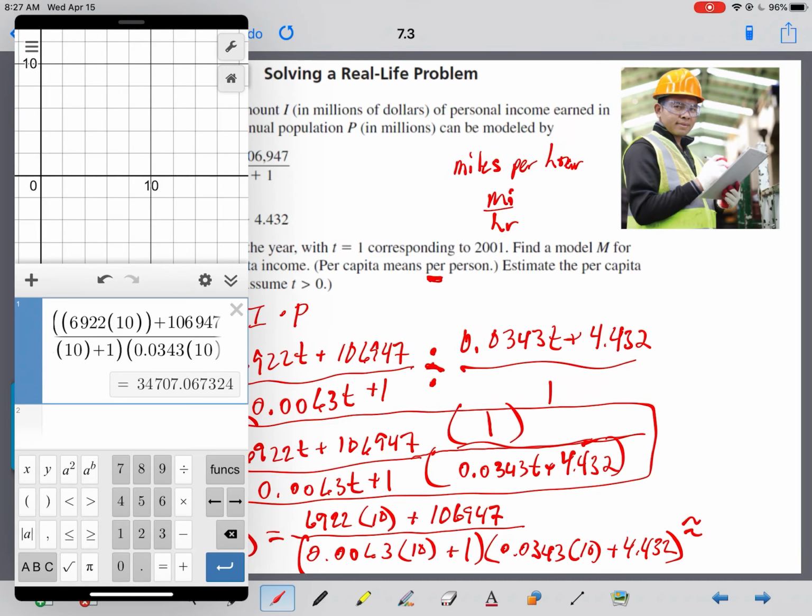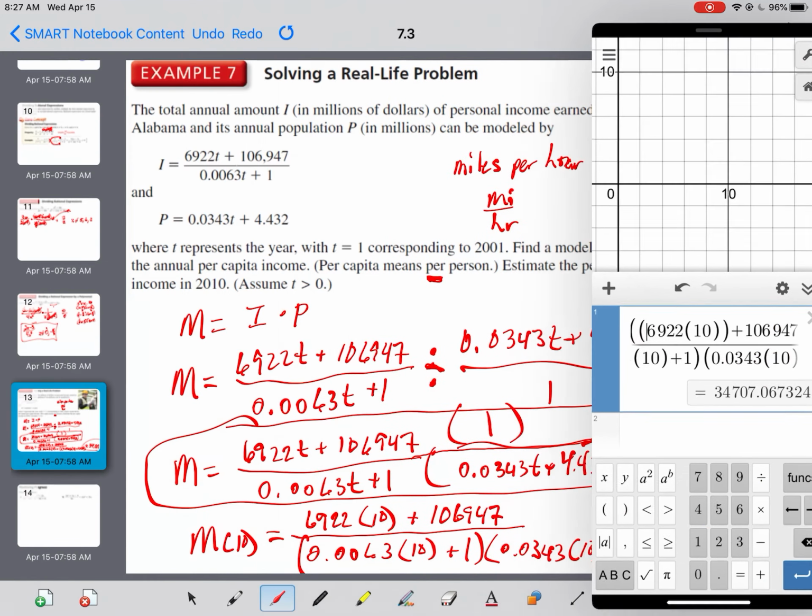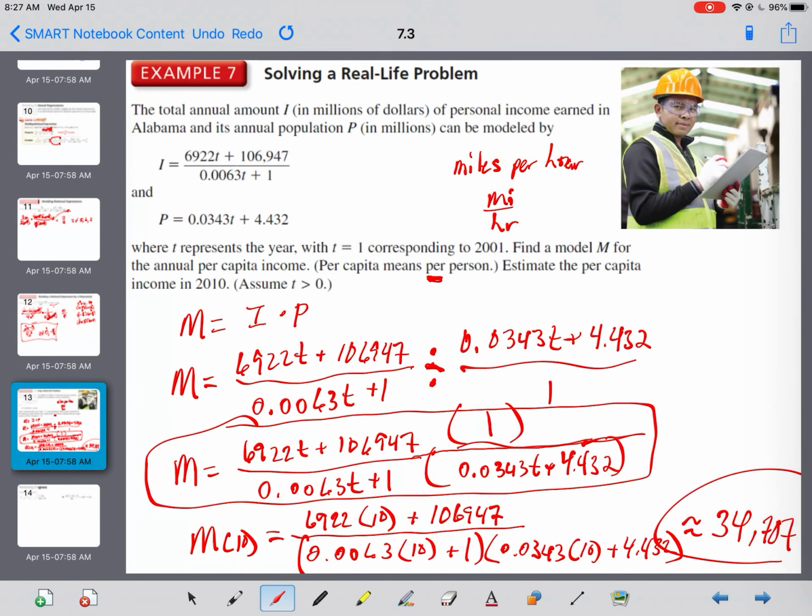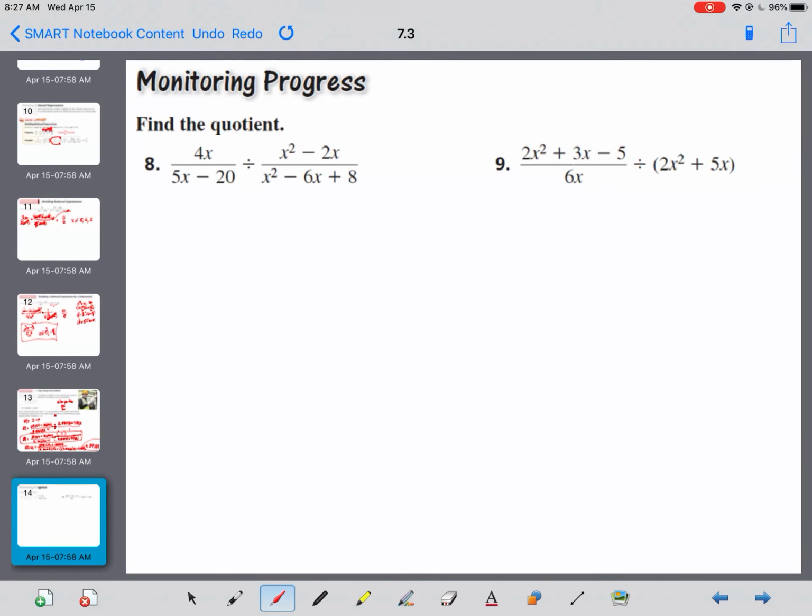There we go. So, approximately, because these are per capita, means per people, we're going to round to the nearest whole. So $34,707 ish. Man, that's a monster. Mainly just typing it in the calculator. That's the hard part. Okay?